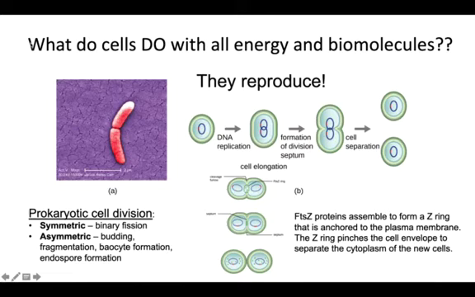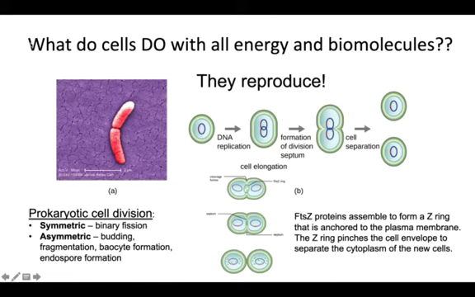And they will start pinching in and separating the cytoplasm between the 2 ends of the bacteria. And at the end then you have complete division. A cell wall is laid down and you will end up again with 2 identical cells.